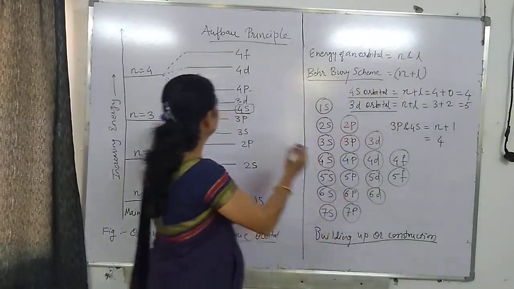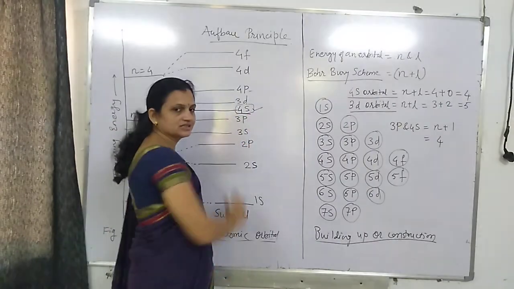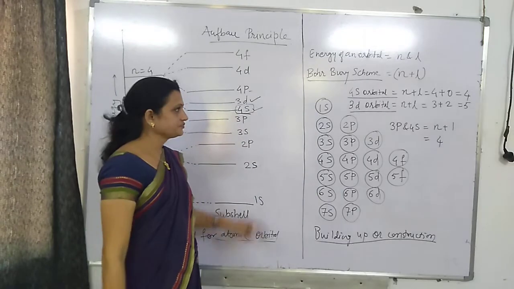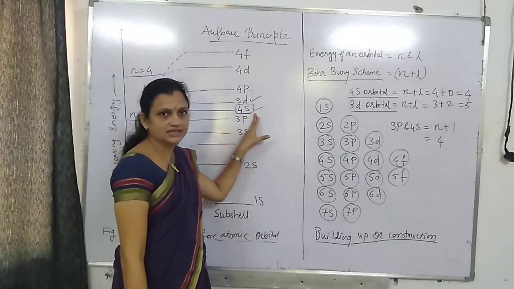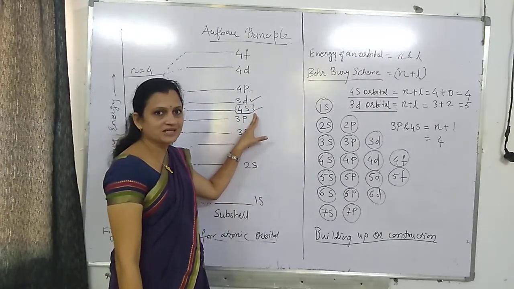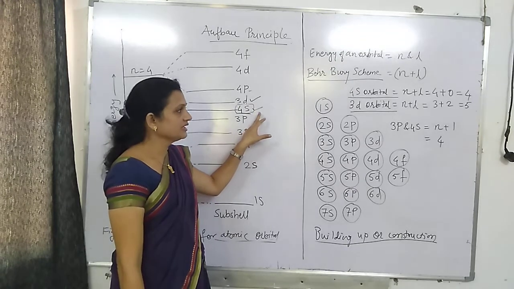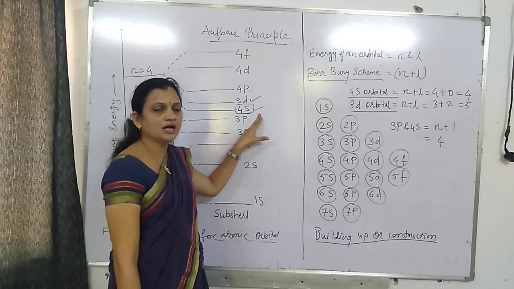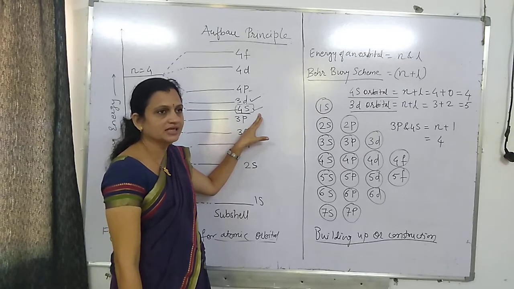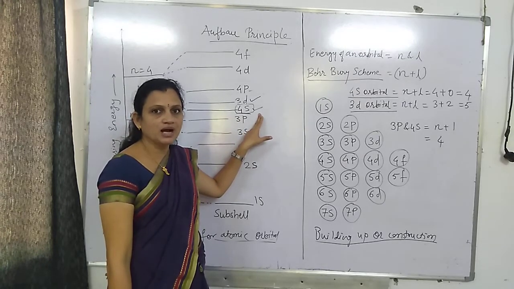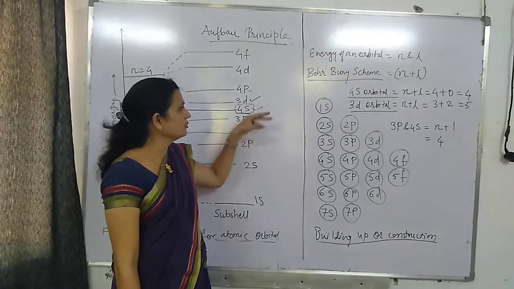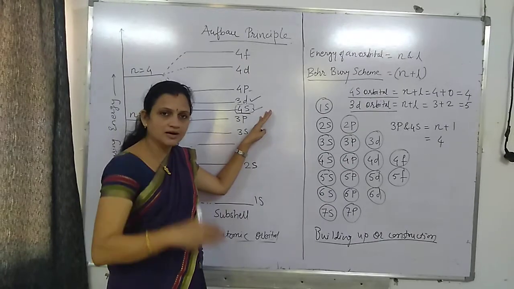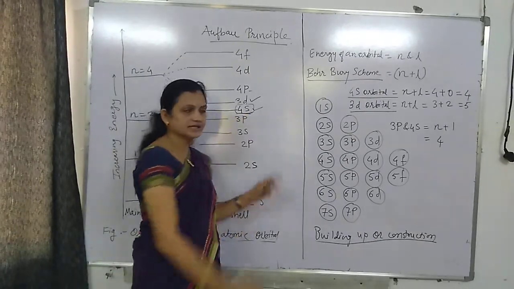Now here one orbital is the 4s orbital, another orbital is the 3d orbital. According to the n plus L formula, the orbital that has the higher value of n plus L, we will write it next, later, and the orbital whose n plus L value is lower, we will write it first.